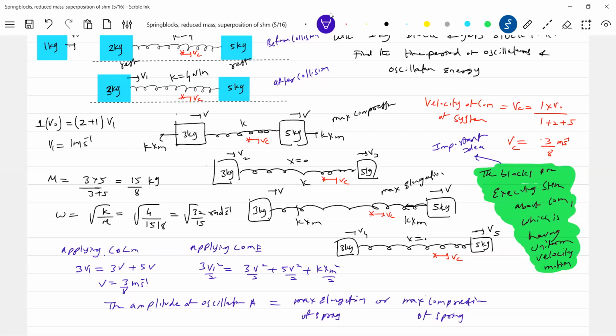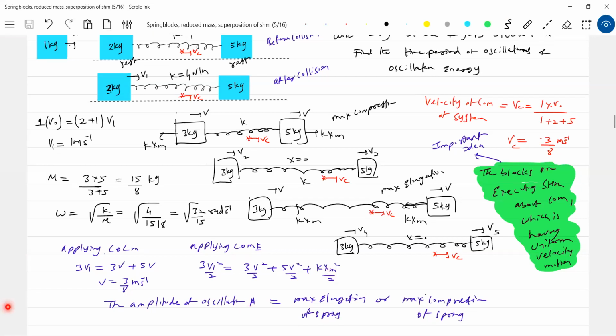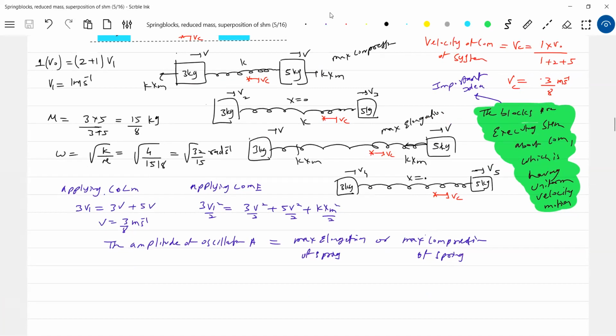So do we know how to find the maximum elongation or compression? Yes, already we know from the conservation of linear momentum chapter. There we applied conservation of linear momentum and conservation of mechanical energy, and like this we got the xm. That xm is this amplitude. So therefore, we can write A equal to xm.